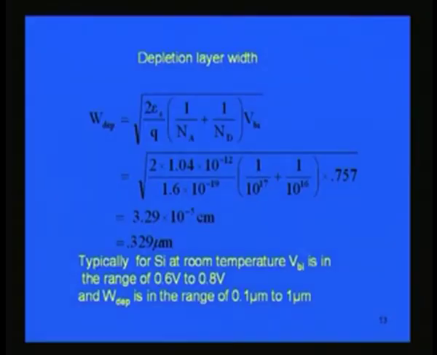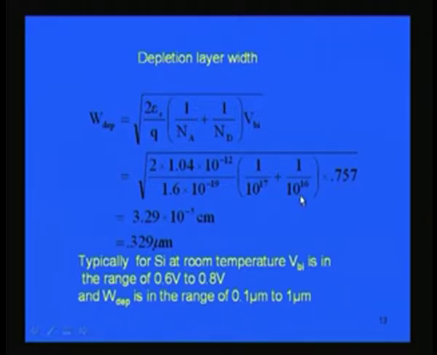Similarly, if we want to find the width of the depletion layer, we can calculate it for this example using this expression. Here we substitute all the information given to us: epsilon s and q we know, Na and Nd we already have, and Vbi, the built-in potential we just calculated, that is 0.757 volt.